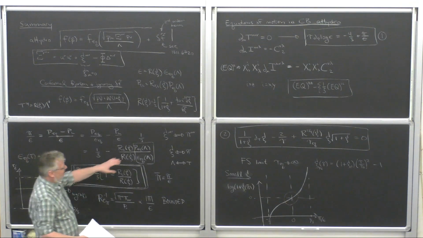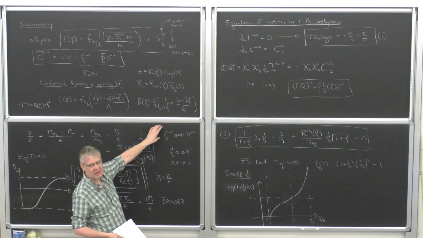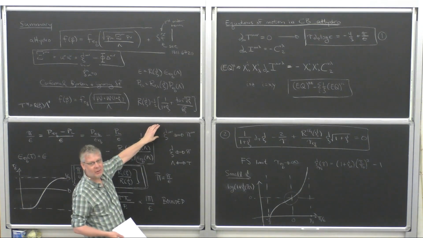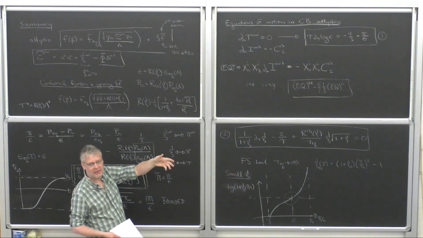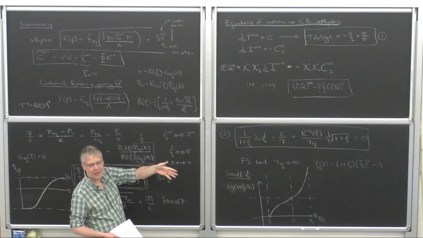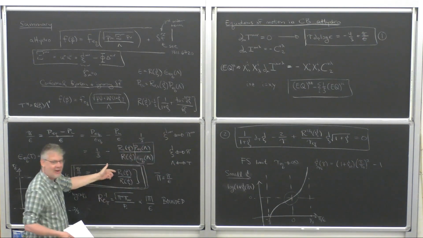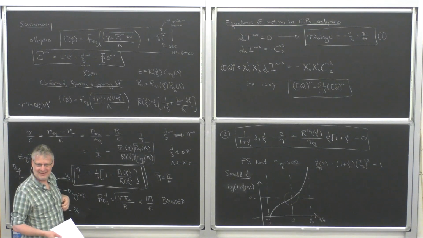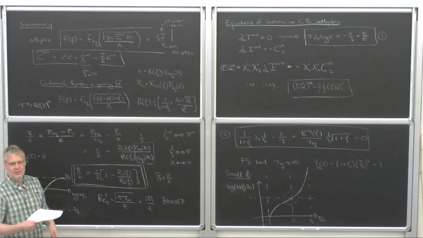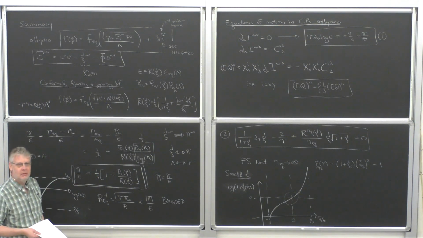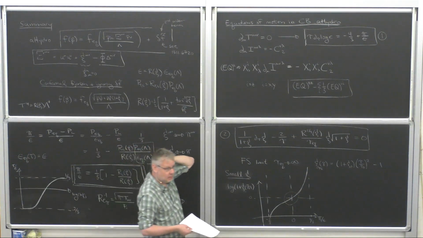For example, if this thing was diagonal, it might contain 3 anisotropy parameters, Cx, Cy, Cz. You would then evaluate the x pressure, the y pressure, and the z pressure, which would be expressed in terms of pi xx, pi yy, and pi zz. You would get 3 special functions that look like RL, but we would call them Rx, Ry, and Rz. And you would get 3 relations like this, which would allow you to always undo the map. So in general, you can always do this. It's a good question.